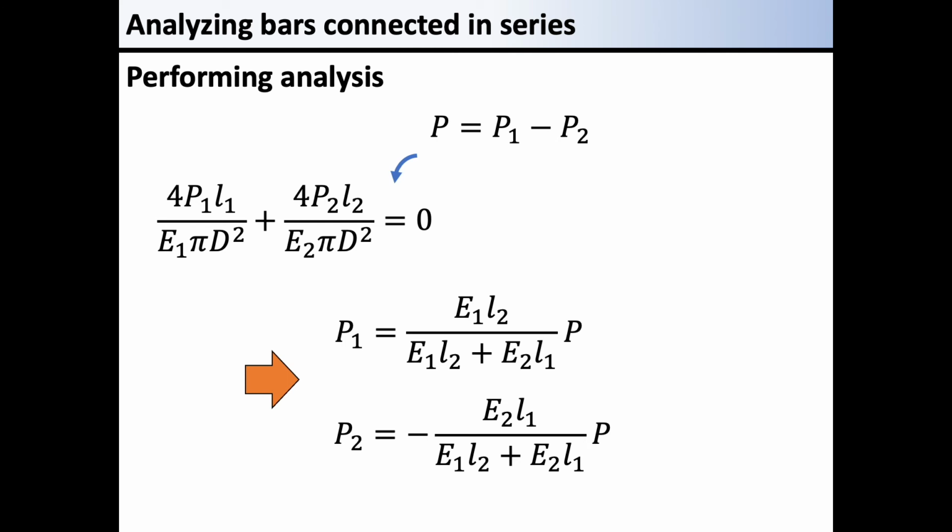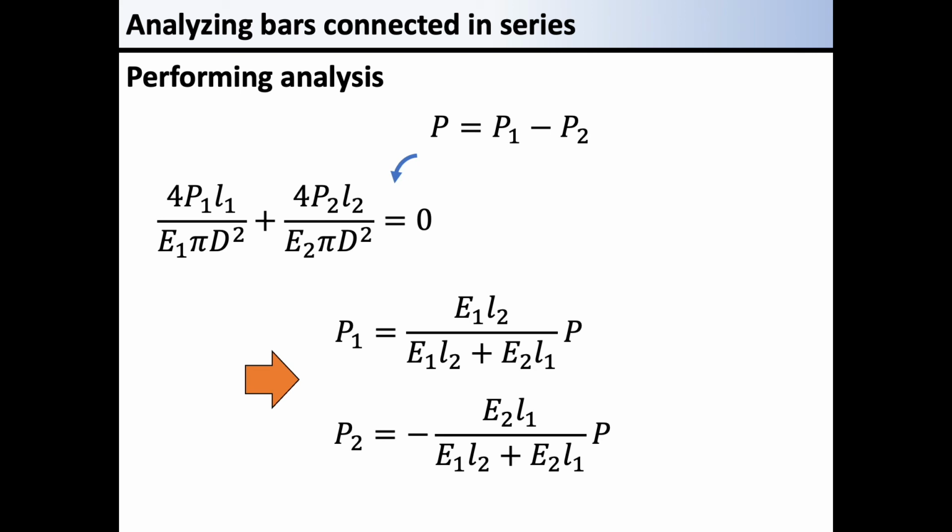Let's come back to the problem. Now, we have two equations associating P1 and P2. Then, by solving the equations simultaneously, we can derive the solution to this problem. We are solving the two equations.